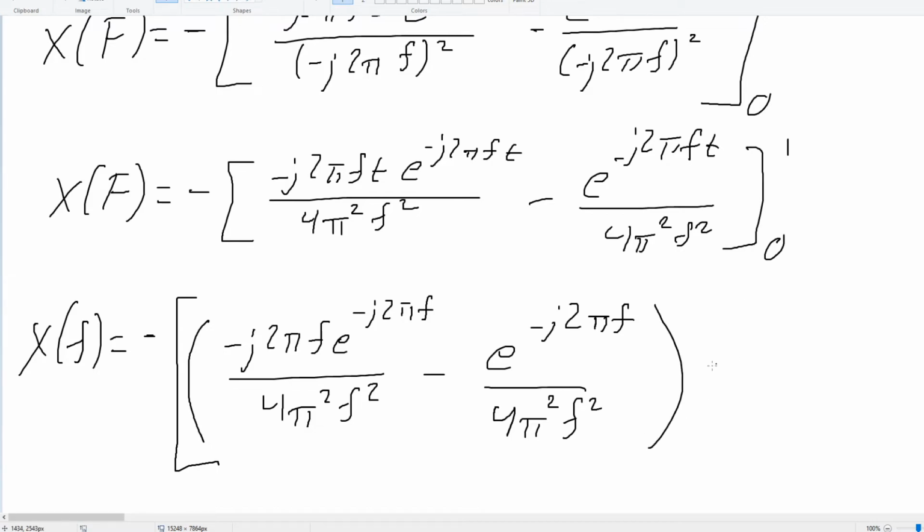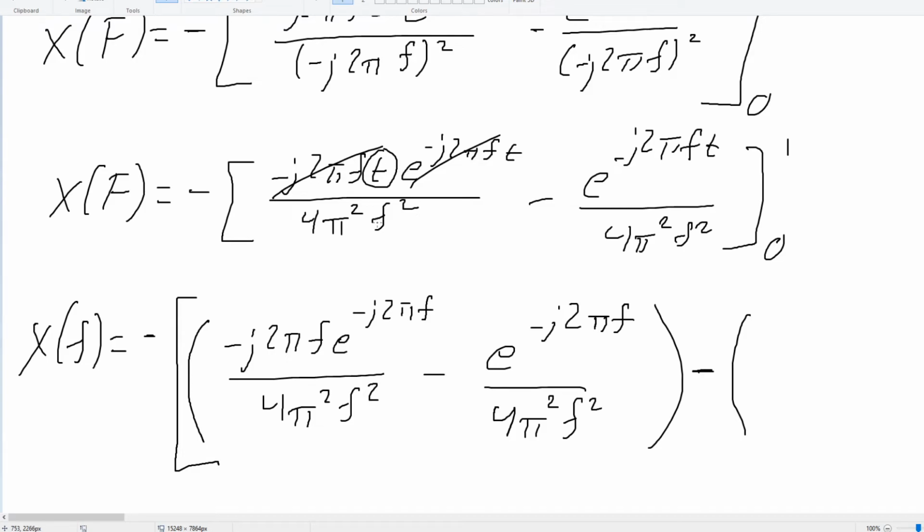All right. And that's going to be subtracted by the evaluation for 0. So let's take a look at this right now. If I plug in 0 to this first part over here, where do we see t? t is on the outside over here. So if I plug in 0, this is all going to go away.